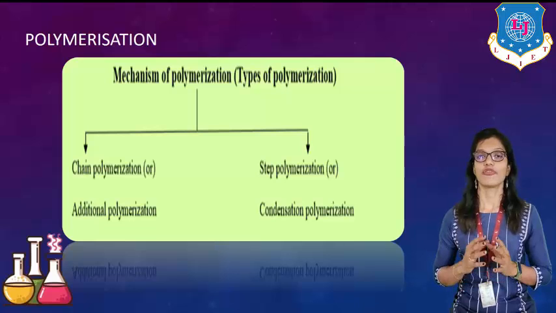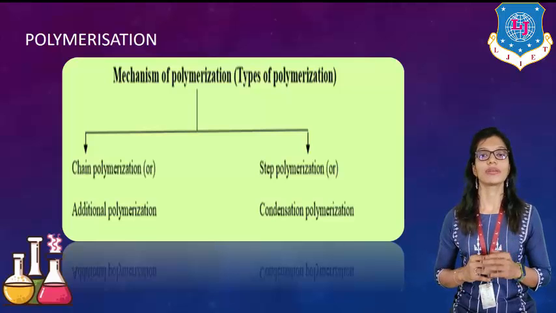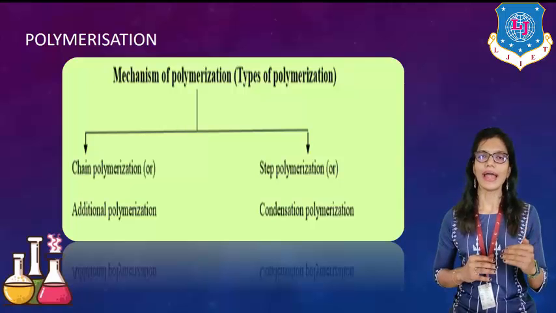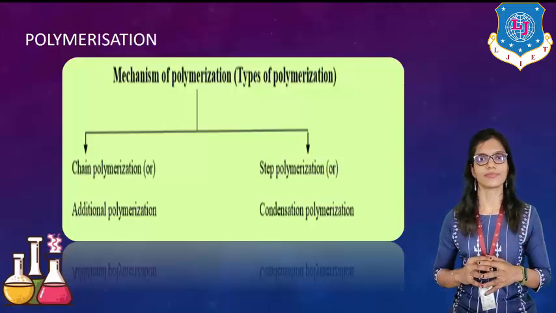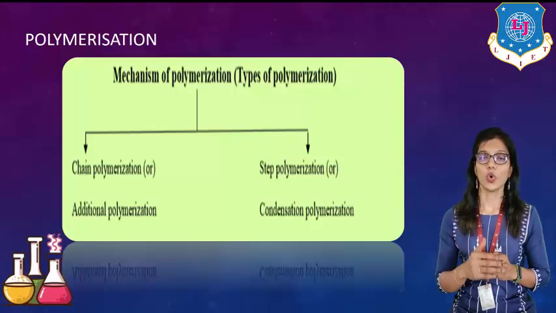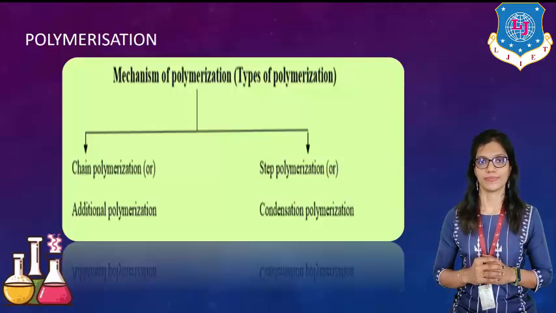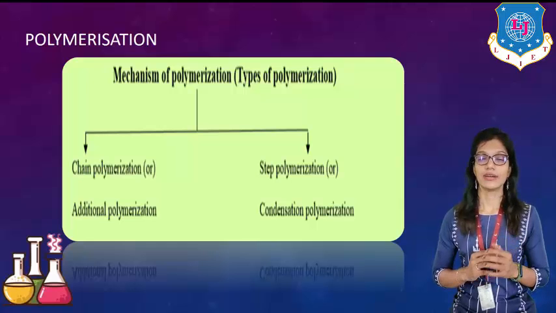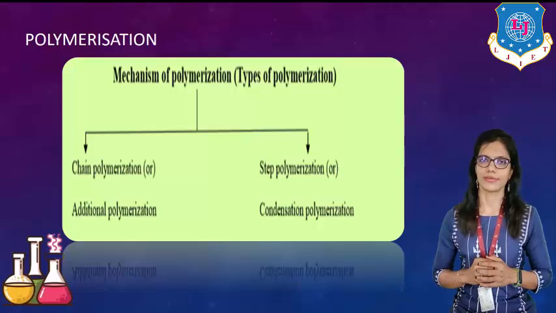Polymers, for example, based on their sources, can be divided into natural and synthetic. After that, we have classified them on the basis of their structure, like linear, branched, and cross-linked.